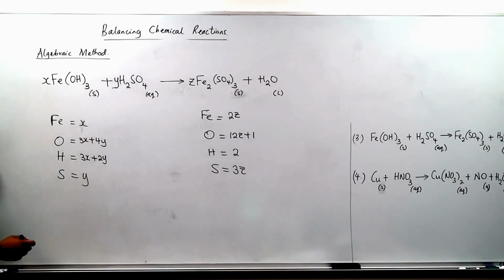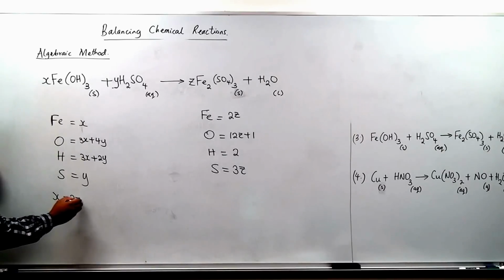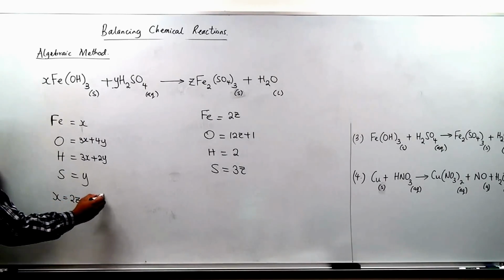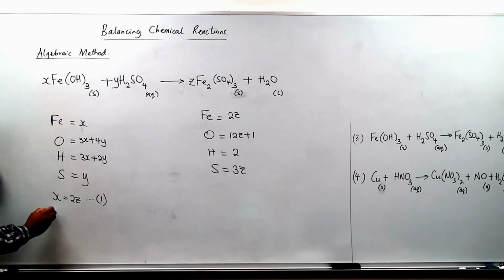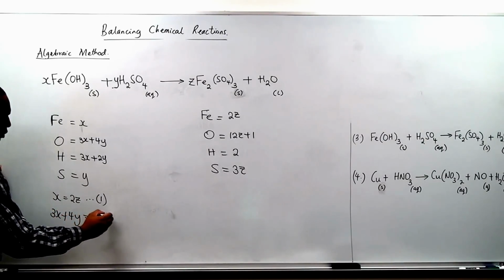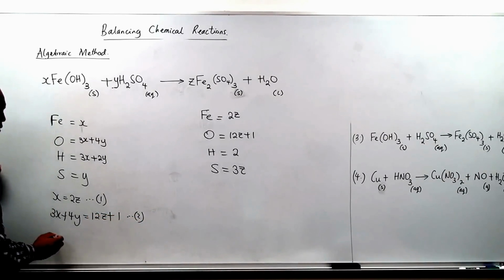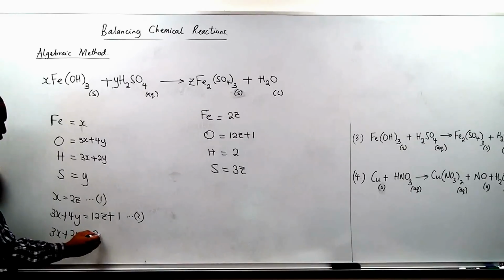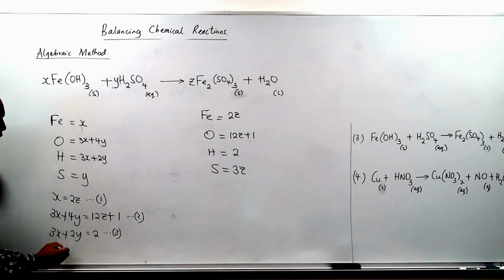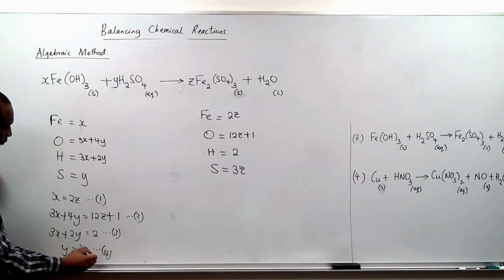All right, so we have that X is equal to 2Z, equation 1. 3X plus 4Y is equal to 12Z plus 1, equation 2. 3X plus 2Y is equal to 2, equation 3. And then Y is equal to 3Z, equation 4.